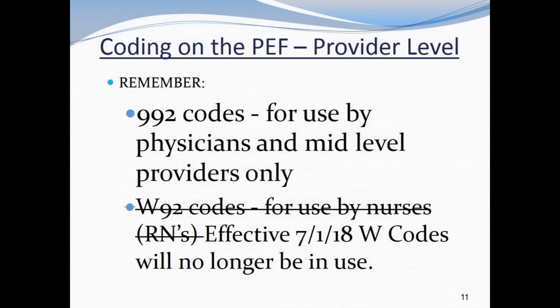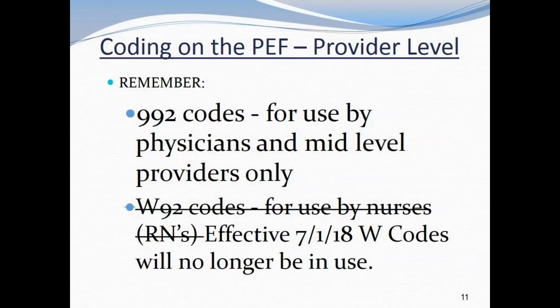And then we got our wonderful 992 codes, which, just so you all know, I didn't take the slide out because I wanted to make sure everybody was using the 99 codes instead of the W92 codes. Because as of 7/1/18, we took the W codes out, and we no longer need the W codes, because we can actually track what you're doing based on your ID number.